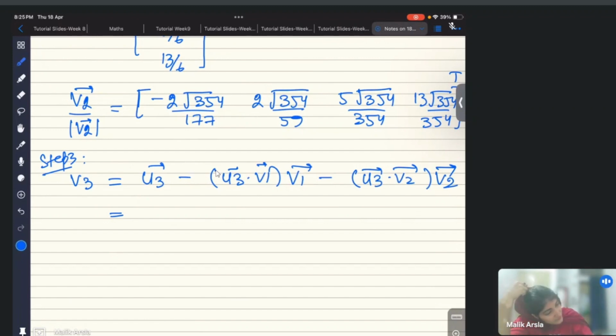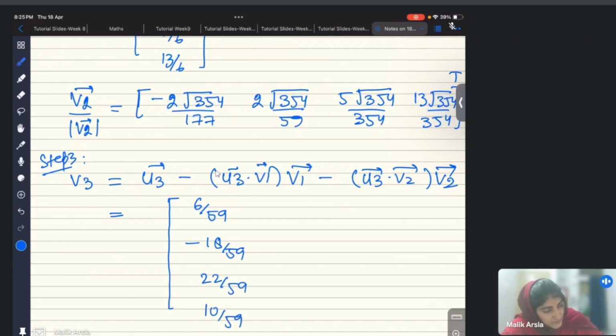When you do this and simplify it, it will come out to be 6 over 59, then minus 18 over 59, then 22 over 59 and 10 over 59. So this will be our v3 vector.